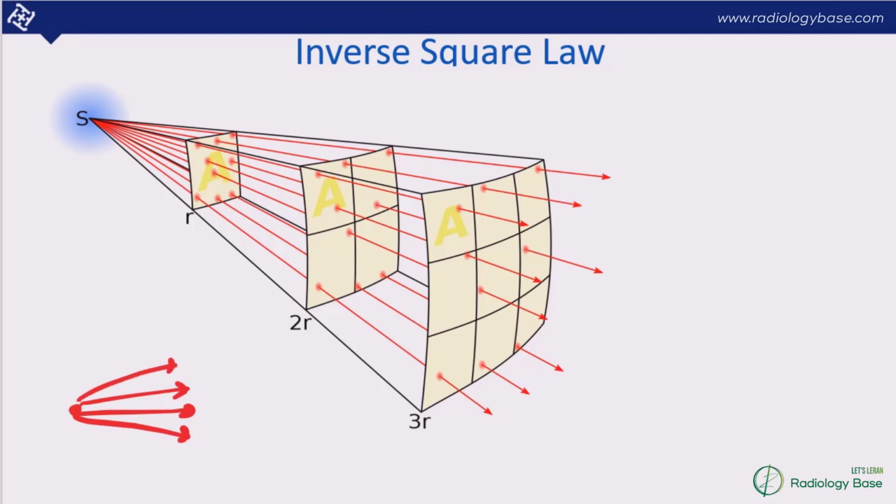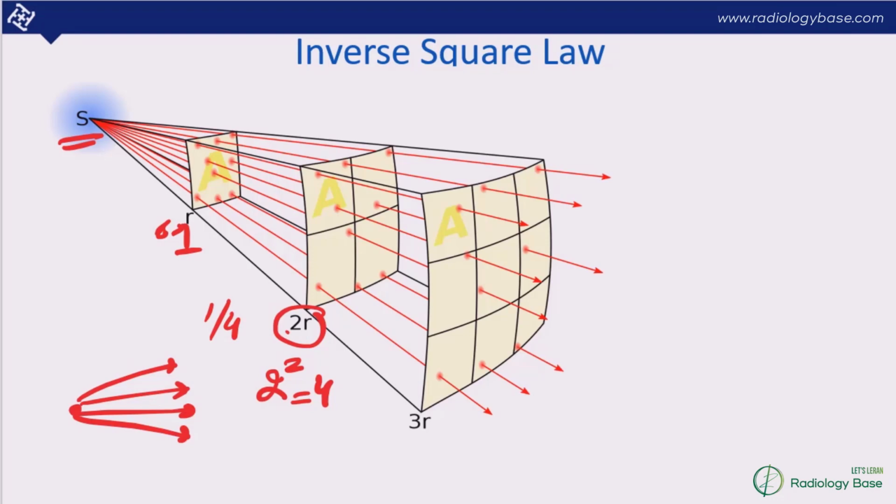As you can see, as it travels from the source, it covers more area, and as you double the distance, the area increases by the square. So 2 becomes 2 squared, which is 4. The beam intensity, which was 1 at this level, is going to be 1 by 4 at this level in the same area.